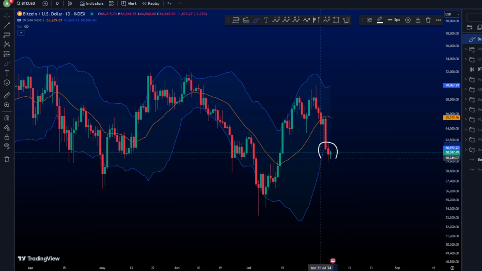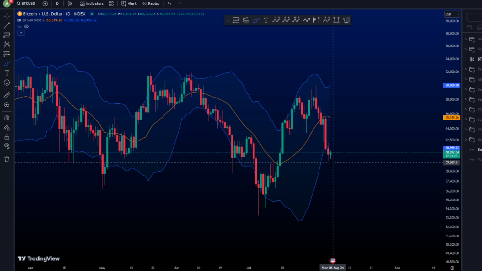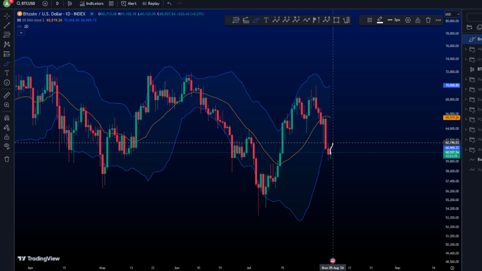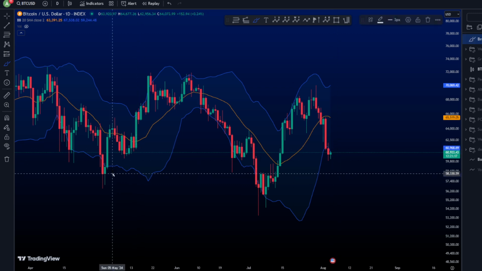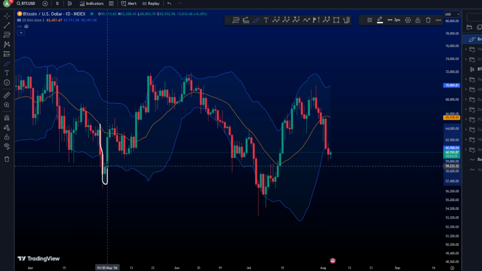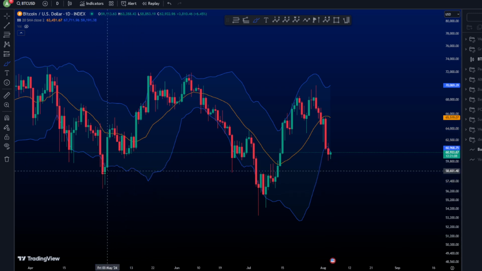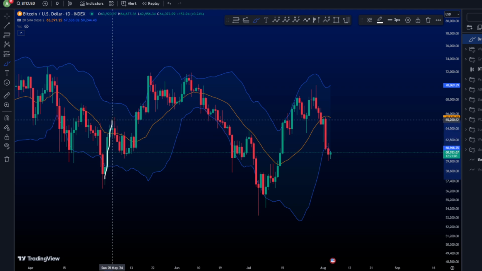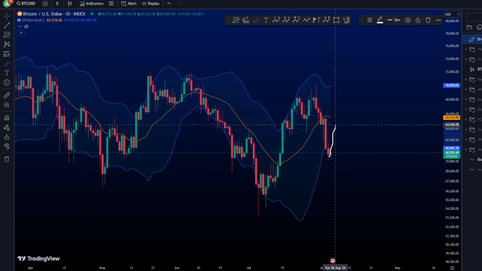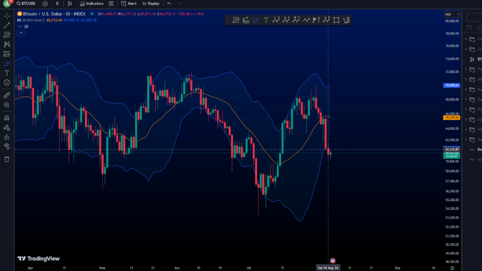I'm not going to repeat it here, for the viewers that have already seen my other videos. So what's going on here inside the Bollinger Bands is that we are looking to come back inside the area. As you can see here, a very strong trend got outside, creating a candle outside the Bollinger Band, and then went back massively towards the inside. So we are expecting almost the same scenario to repeat itself, to go at least until the mid line of the Bollinger Band, and then we're going to see what happens later on.